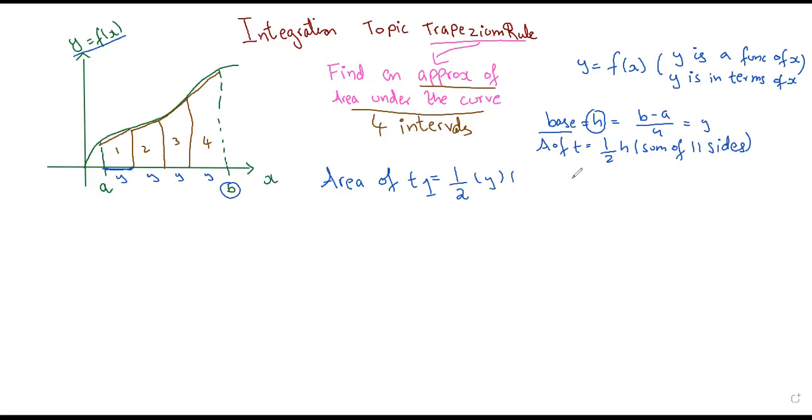So I will write down y. And when we are saying sum of parallel sides, let's say this point is y naught, this is y1, then this is y2, this is y3, and then finally we have y4.